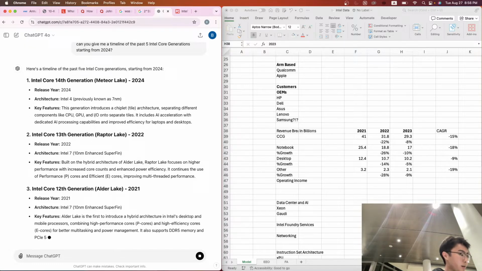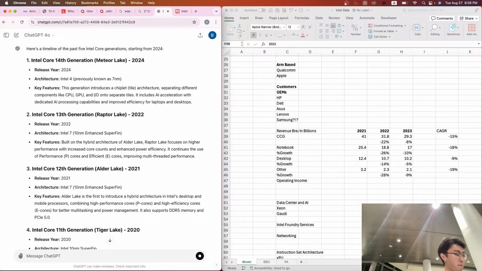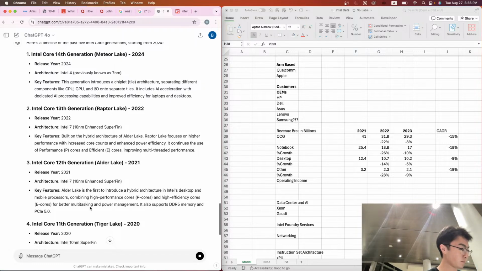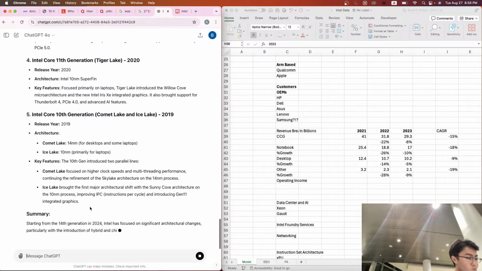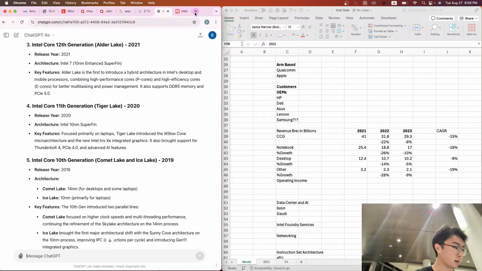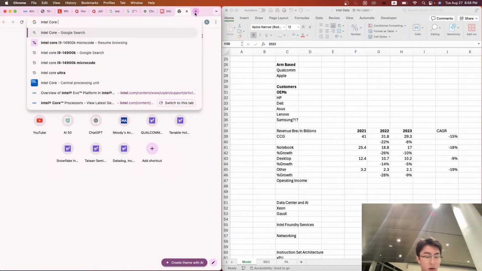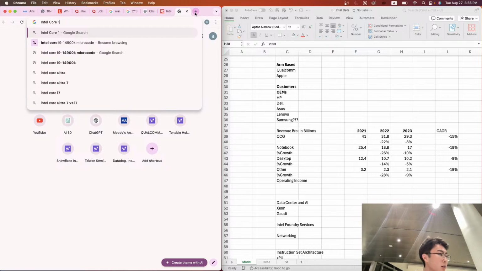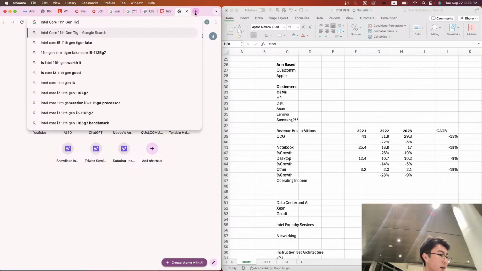Raptor Lake, okay. Okay, this is helpful. So Intel Core 11th Gen Tiger Lake, that's what they're called.